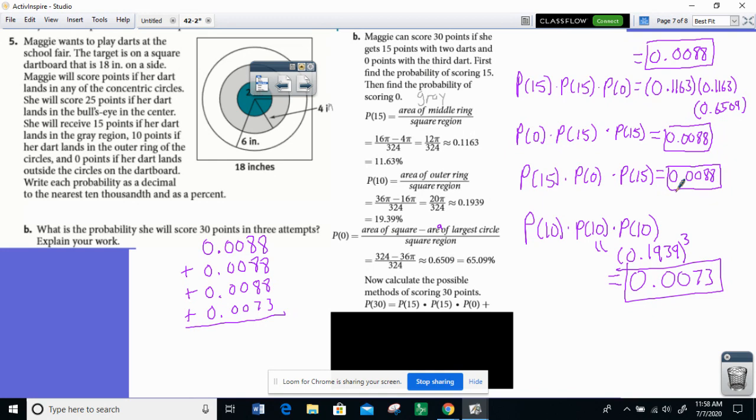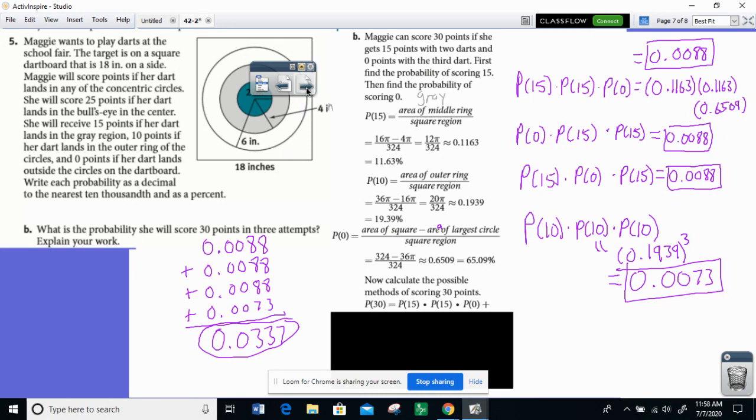You might find it easier to simply do 3 times 0.0088, and then adding to that 0.0073. So that gives us an overall probability of 0.0337. That is a tricky problem.